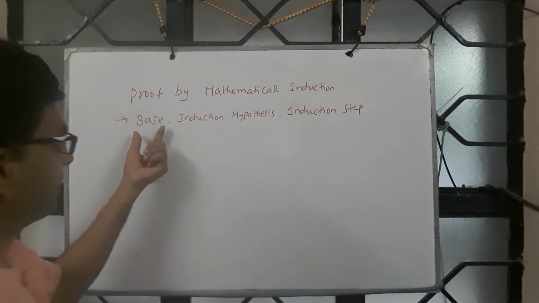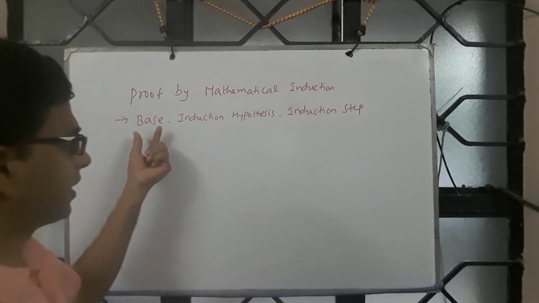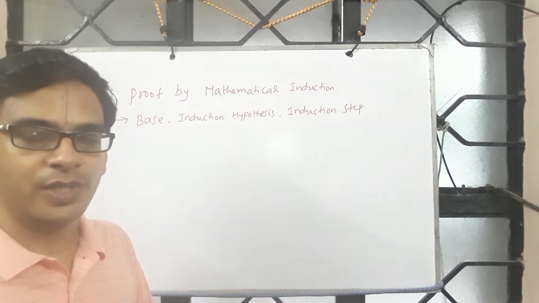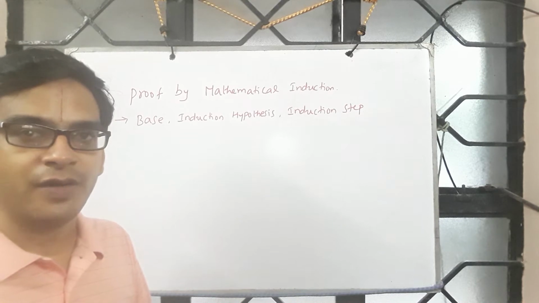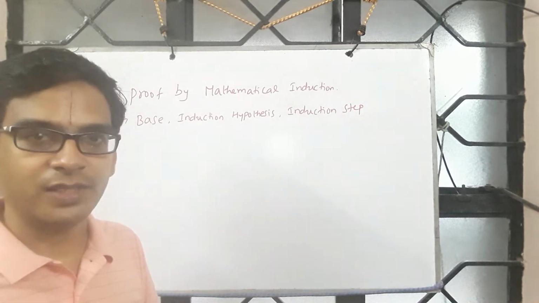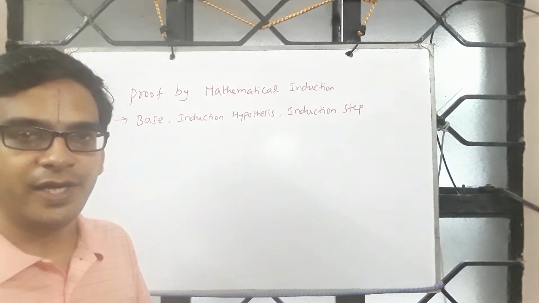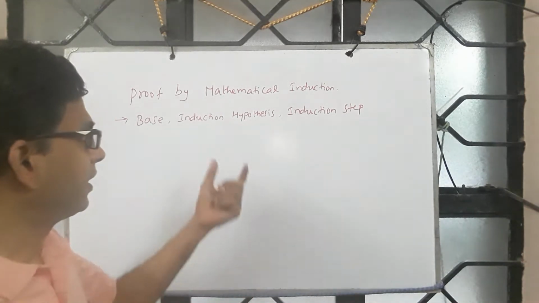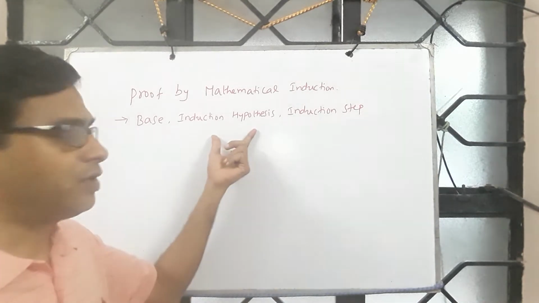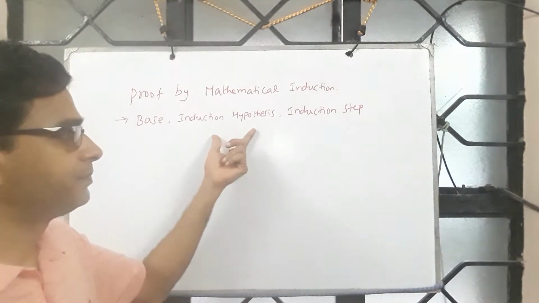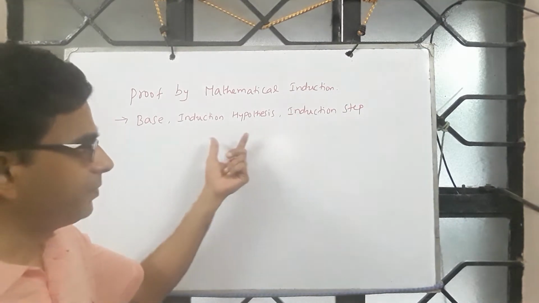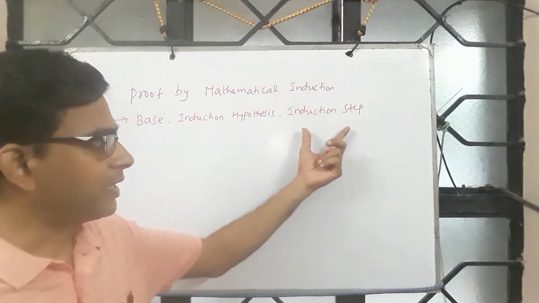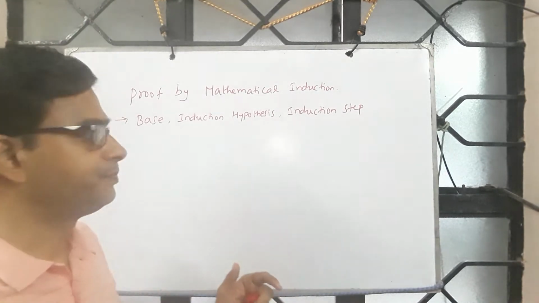As part of base case, we show our claim is true for some sample values. Say you are trying to prove a claim which has got some induction parameter, say n. And we say for n is equal to 1 or n is equal to 2, the claim is true. Then we make some assumption that we call induction hypothesis. And subsequently, by assuming this, we prove, and that component is called induction step.